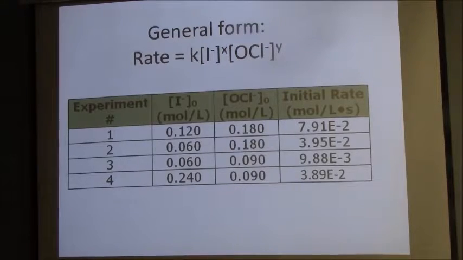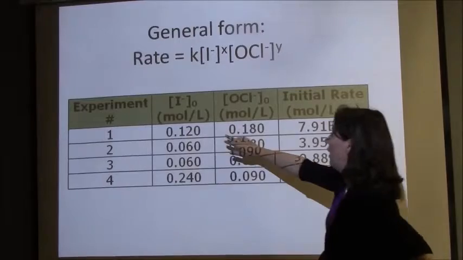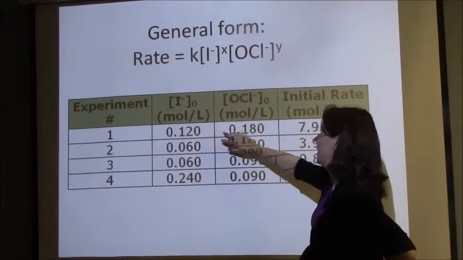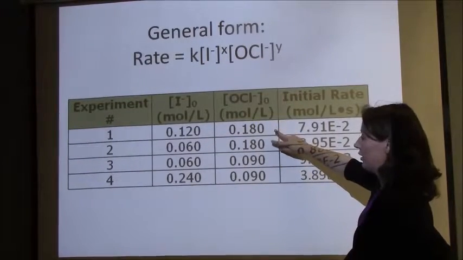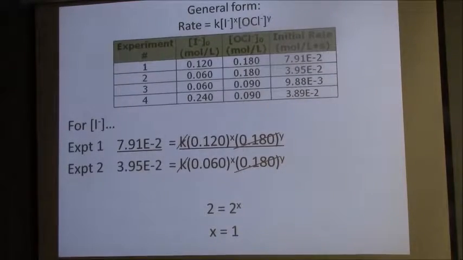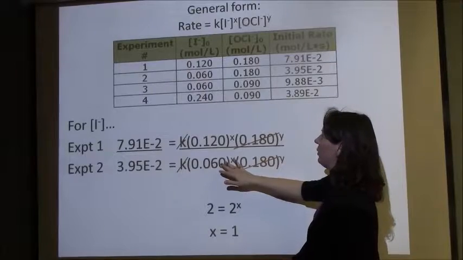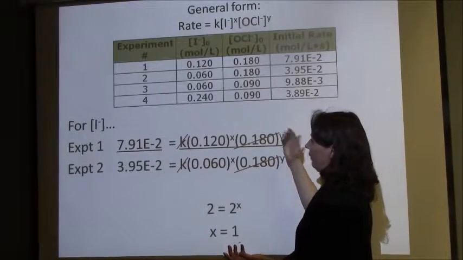All right? So to do that, I want to pick a pair of trials where iodide changes and hypochlorite stays constant. So I'm going to pick trials 1 and 2. So we're going to write our information out. We're going to plug in experiment 1 into the rate law, and we're going to plug in experiment 2 into the rate law, and then we're going to divide them by each other. Okay?